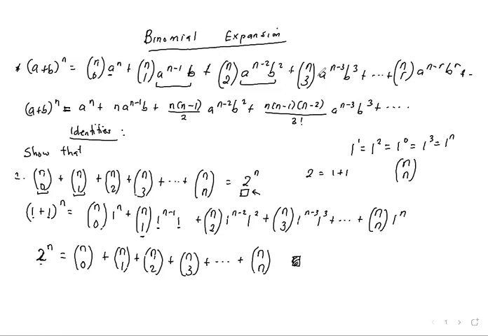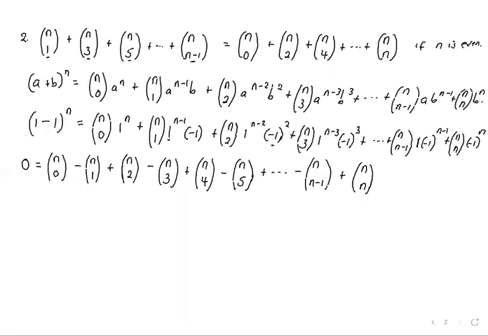This is the question here. Show that 1, we have shown. 2, that n choose 1 plus n choose 3 plus n choose 5 plus ... plus n choose n minus 1 is going to be equal to n choose 0 plus n choose 2 plus n choose 4 all the way up to n choose n if n is even.